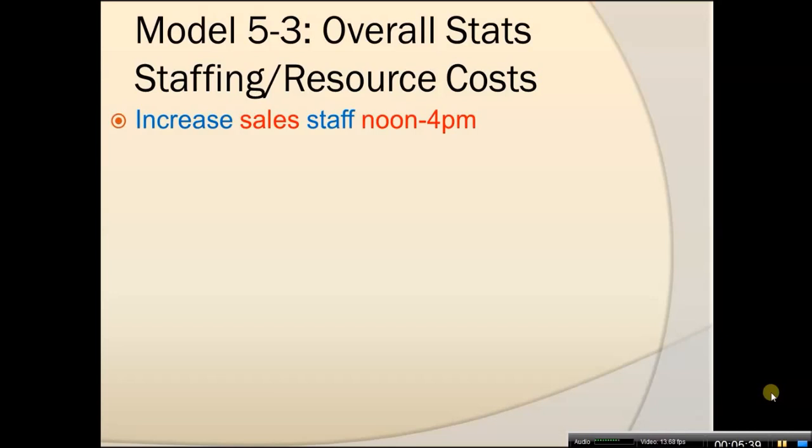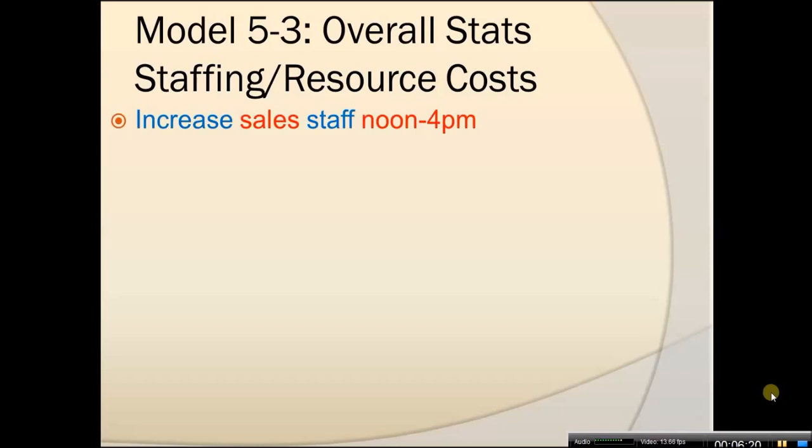Well, if you remember in model 5.2, when we ran our model and observed the reports, it was clear that during certain periods, because we collected the statistics on the work done during different periods and the number of rejected calls during those periods, we lose a lot of calls during periods 5 through 8.